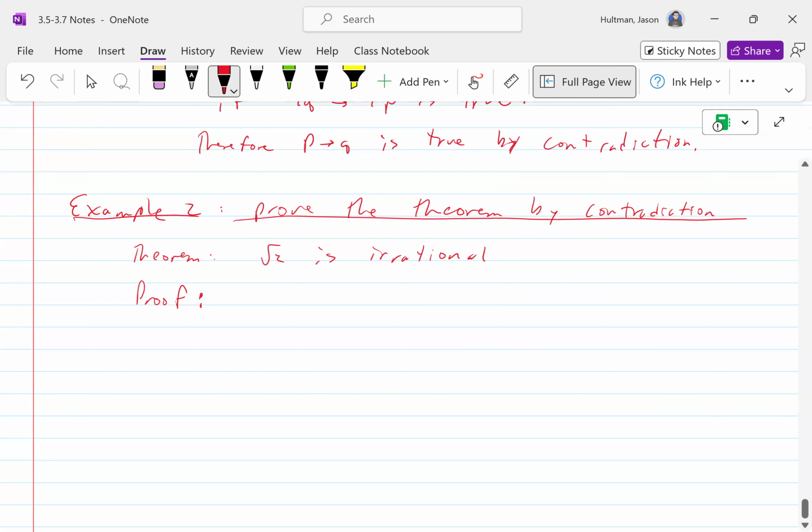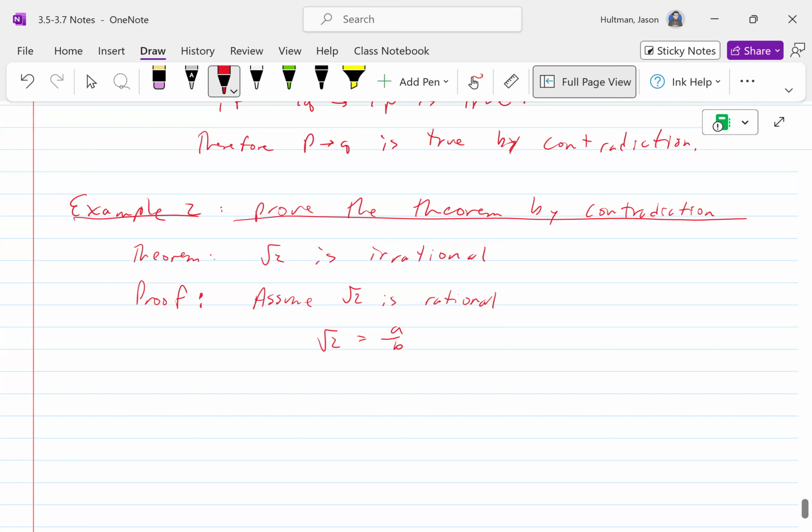Okay, we want to assume the opposite and seek a contradiction. So we would assume radical 2 is rational. Then we know that radical 2 can be expressed as a ratio of two numbers, a over b.